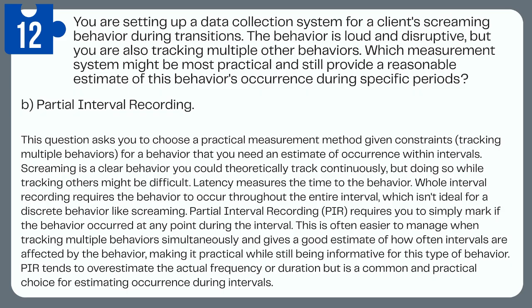Partial interval recording, PIR, requires you to simply mark if the behavior occurred at any point during the interval. This is often easier to manage when tracking multiple behaviors simultaneously and gives a good estimate of how often intervals are affected by the behavior, making it practical while still being informative for this type of behavior. PIR tends to overestimate the actual frequency or duration, but is a common and practical choice for estimating occurrence during intervals.